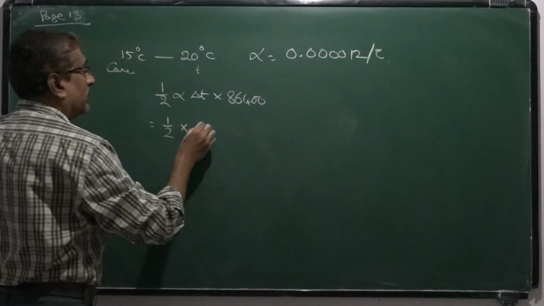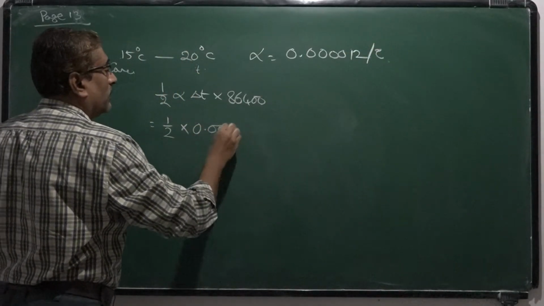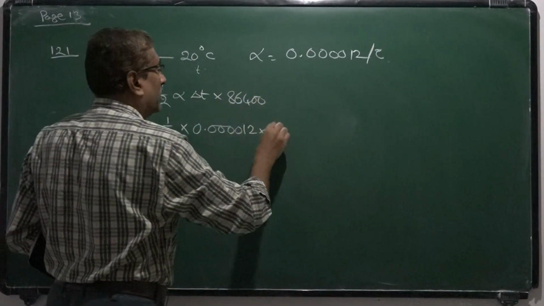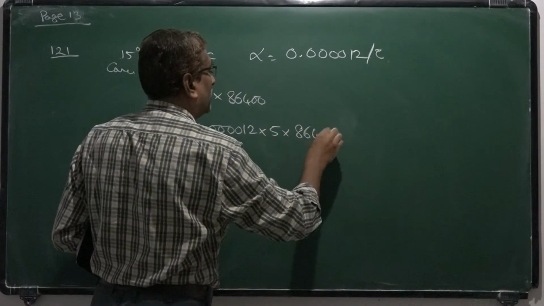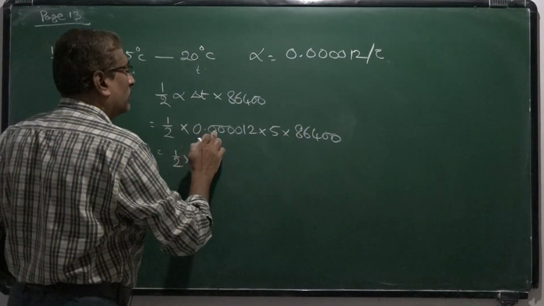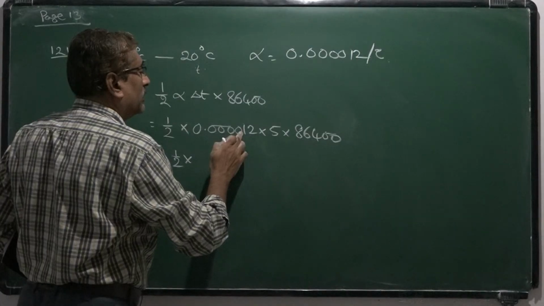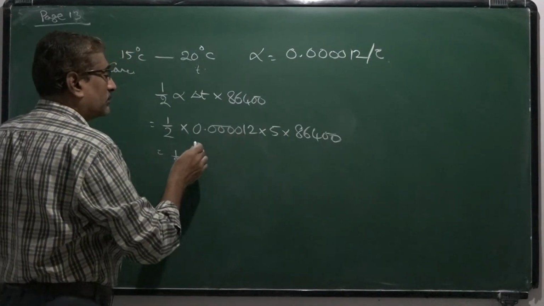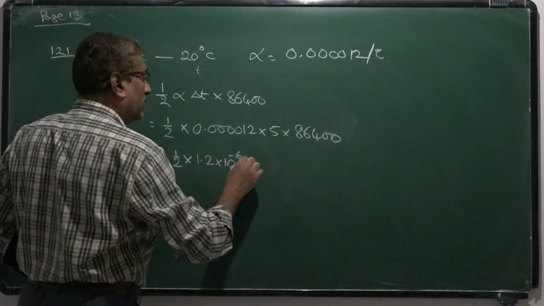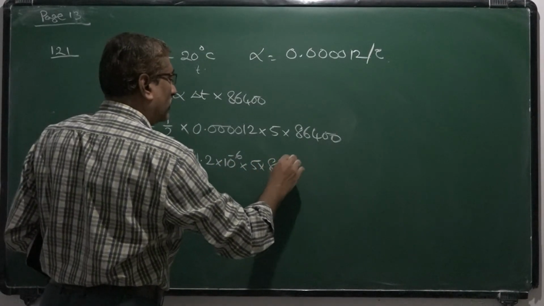Now substituting here, half into 1.2 into 10 to the power minus 5, delta T is 5 degrees centigrade into 86400.